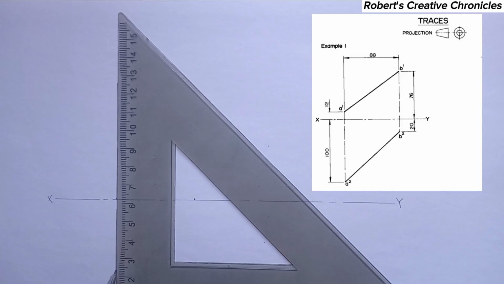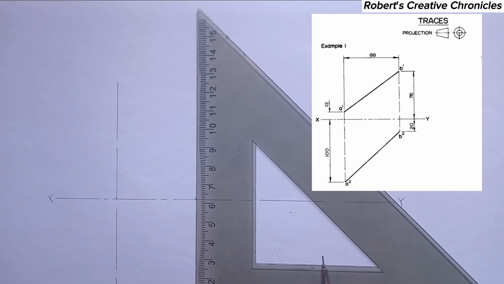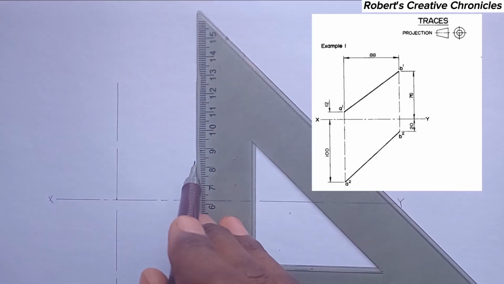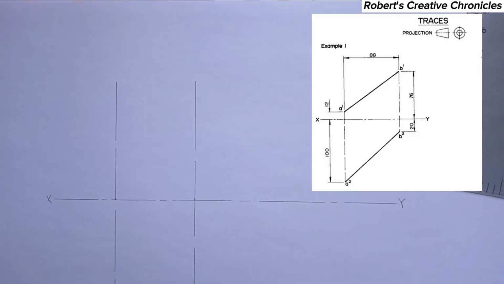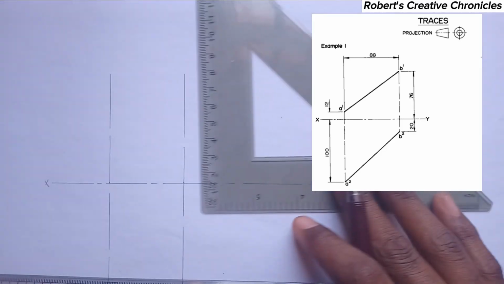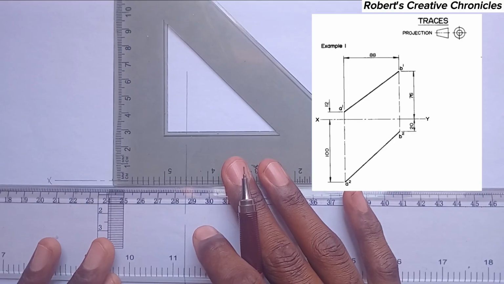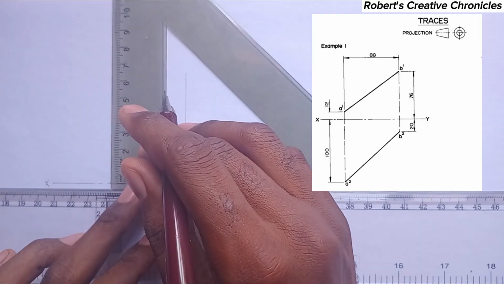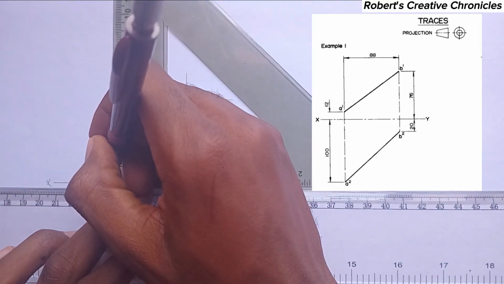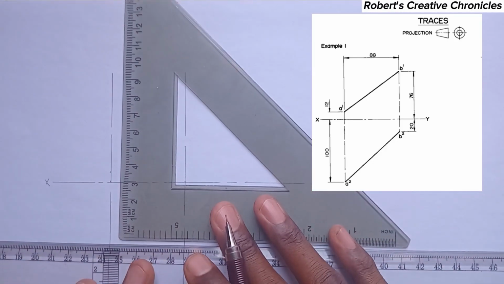These are projection lines. So on this line, we'll measure 6 here. So here will be 6. And here downward will be 50.